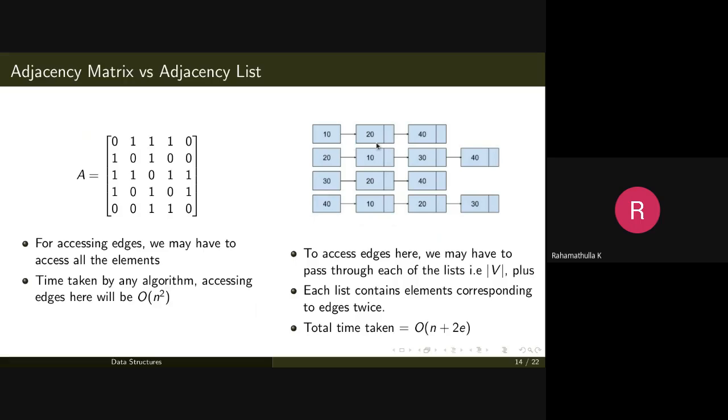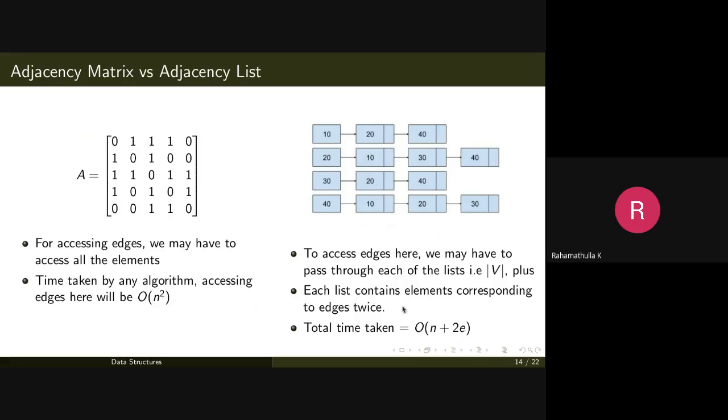For each edge you will be marking 2 nodes, one in one singly linked list and the other in another singly linked list. For example, this edge is marked with this 20 and the same edge is marked with the 10 here. So the total time taken will be order of number of vertices plus 2 into number of edges, so it is order of n plus 2e.